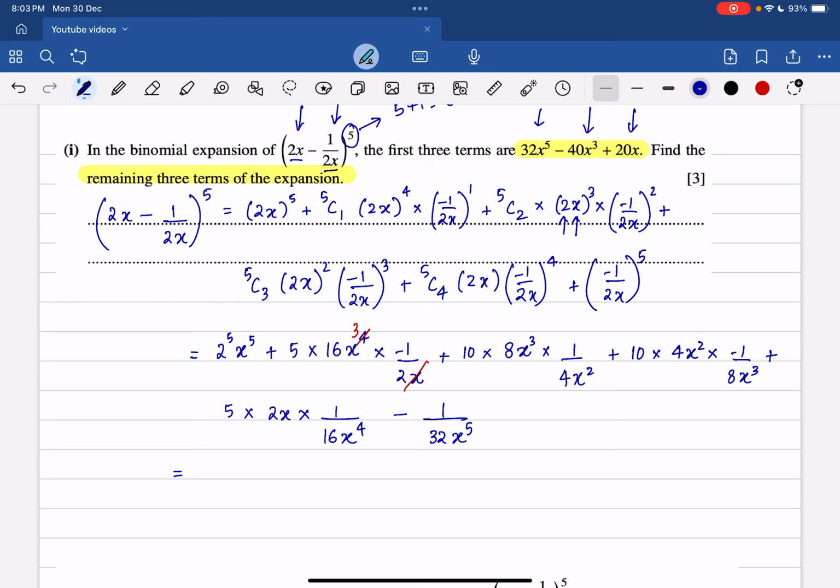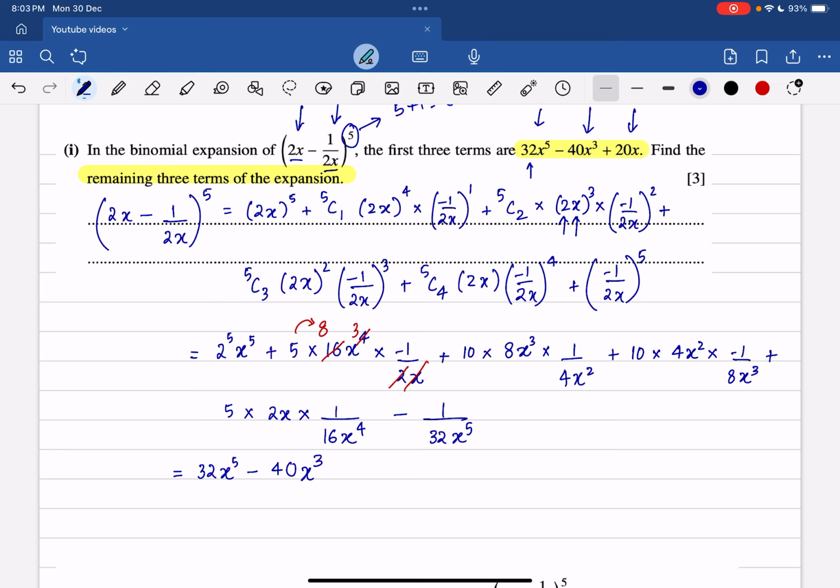Let us look at simplification starting from here. 2 raised to 5, x raised to 5. 2 raised to 5 is 32, x raised to 5, which is also the first term that they have gotten. Now, can you cancel out something from here? For example, 2 ones are 2 and 2 times 8. So 5 times 8 is 40. So you have negative 40 x raised to 3.